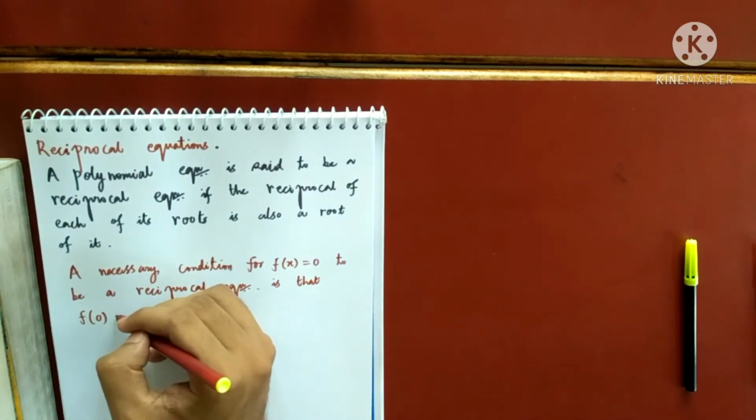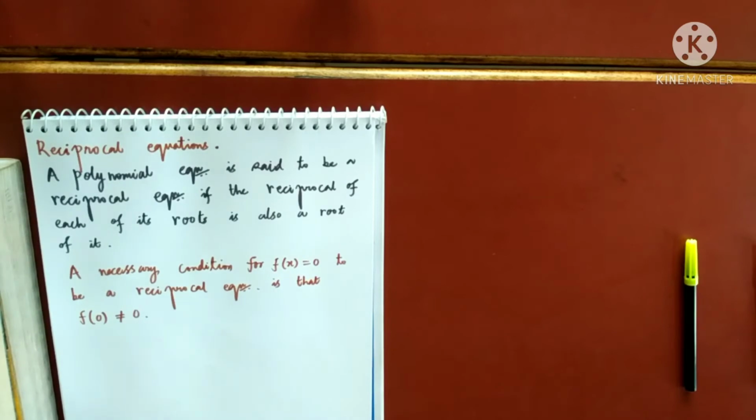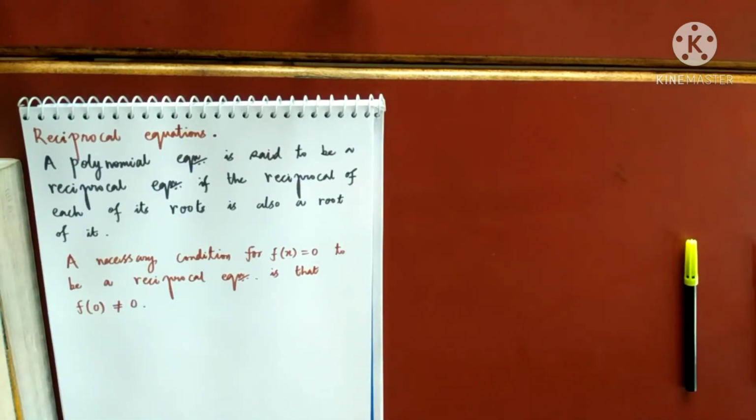So 0 is not a root, that means f(0) should not be 0. So if you have some equation for which 0 is a root, then that equation cannot be a reciprocal equation. So the first necessary condition to be a reciprocal equation is that 0 should not be its root.